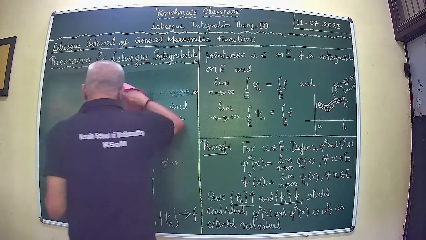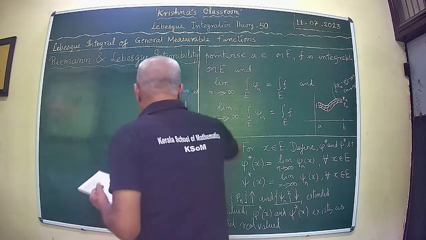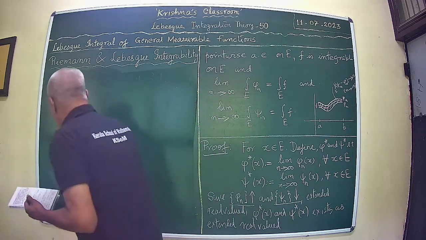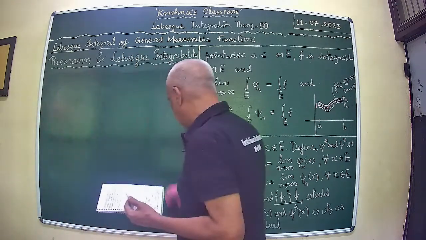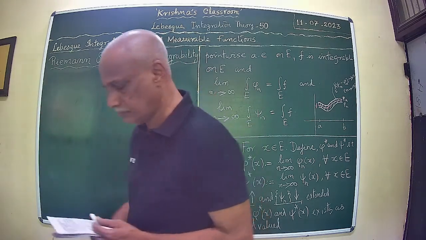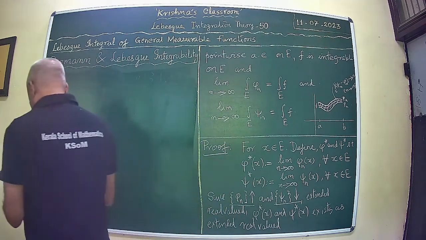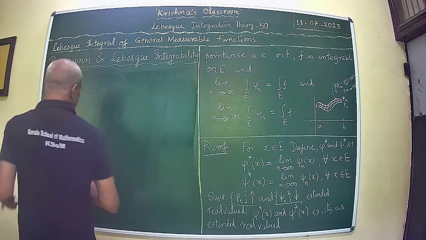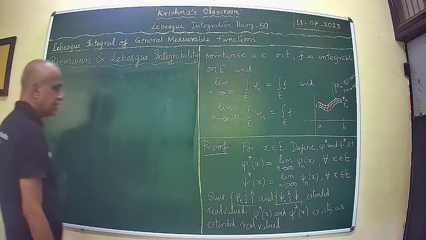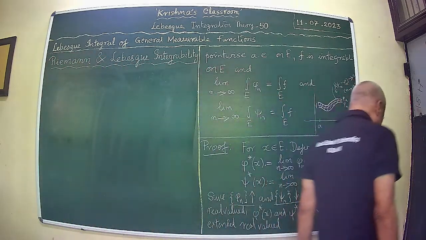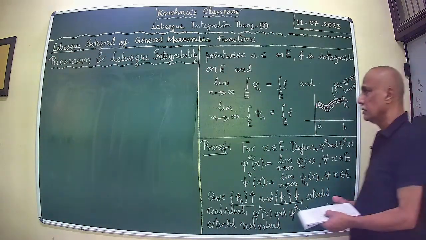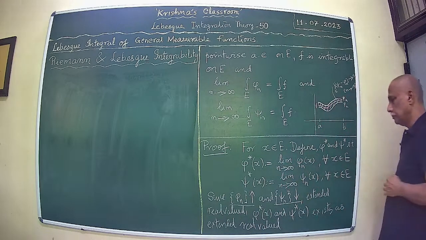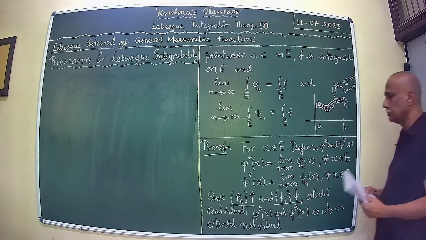Further, we also have the following. See that phi star is less than or equal to psi star. Now, both phi star and psi star are measurable functions because they are the pointwise limit of measurable functions.